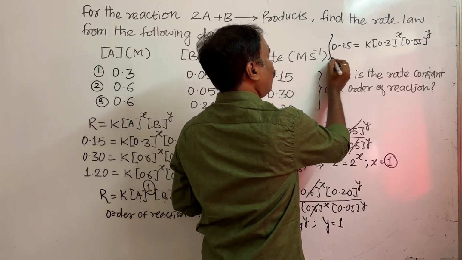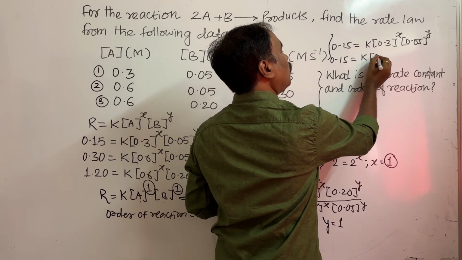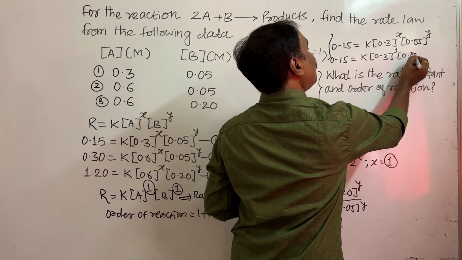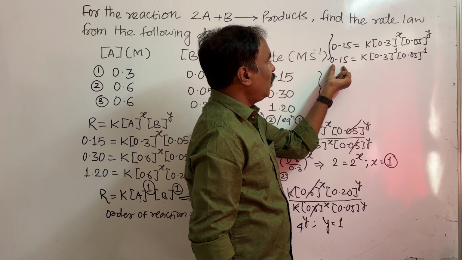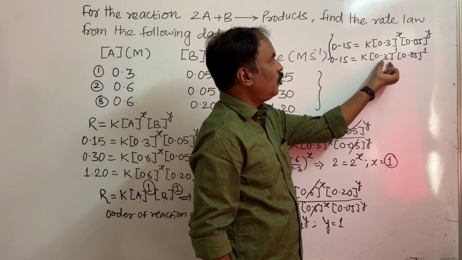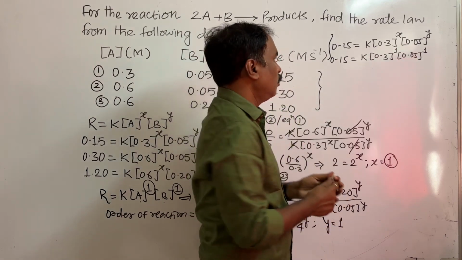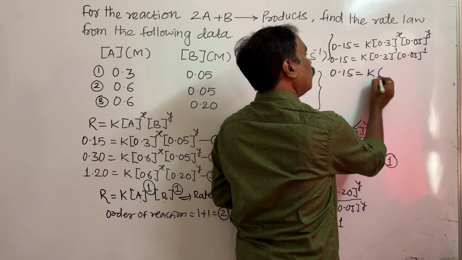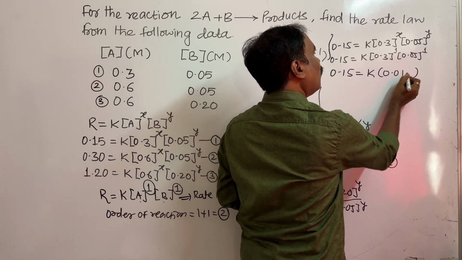So 0.15 is equal to k into 0.3 to the power 1 and 0.05 to the power 1. So 0.15 is equal to k into the multiplication of these two, it will be 0.015.